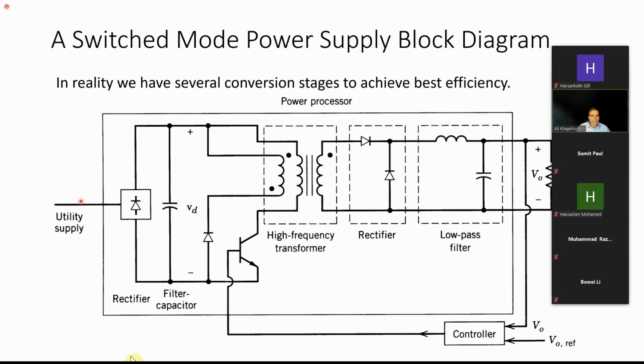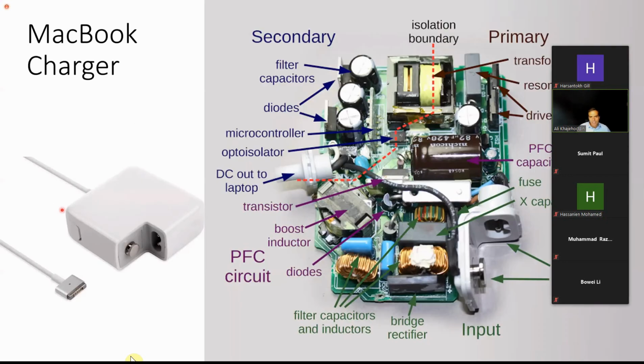When you're drawing power, you don't want a very distorted current drawn from the utility, because that distorted current is going to create lots of losses on the grid. You don't want those losses. How do you do that? You're going to shape the current like a 60 hertz or 50 hertz sinusoidal waveform. And that's what the power factor correction circuit does.